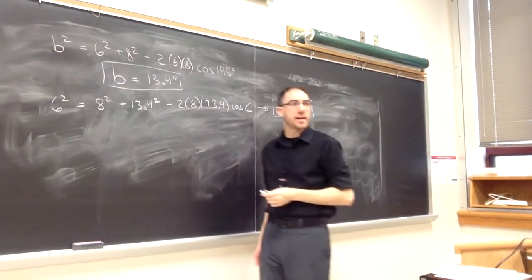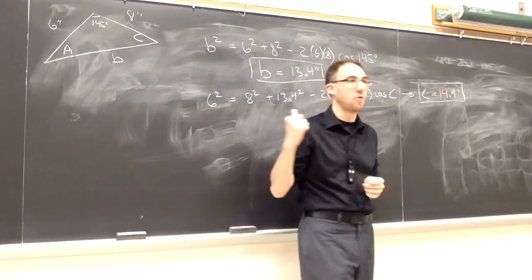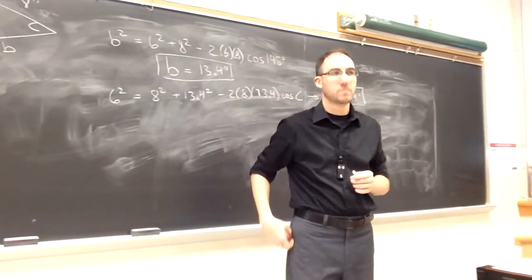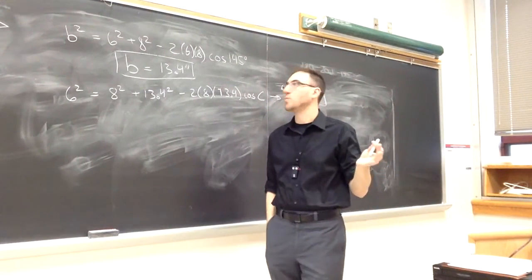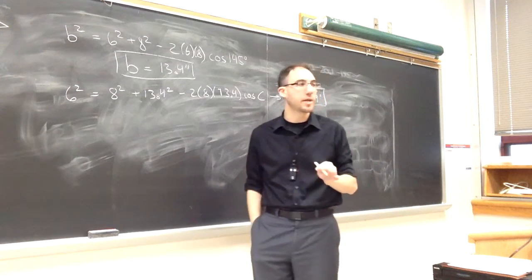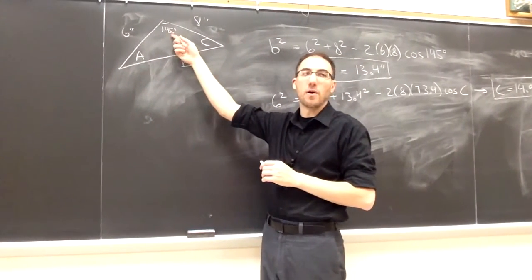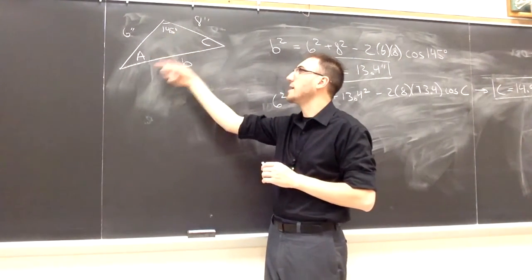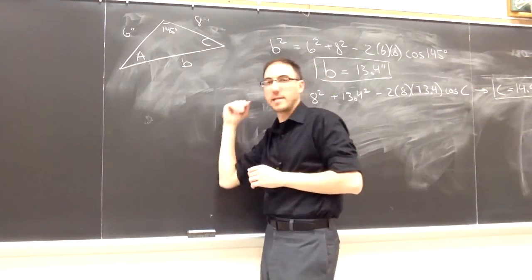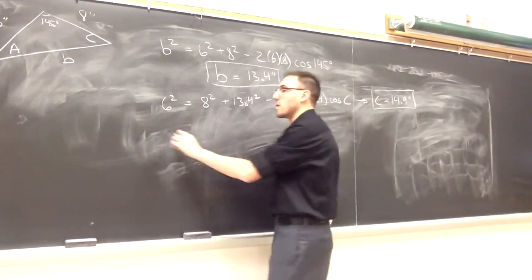How else could we find C, though, if we didn't use law of cosines in this format? Right, we could use law of sines as well. In this case, I would be fine using law of sines, even though we're looking for an angle measure, because we were given the obtuse angle of 145. So A and C must be acute, since it's a triangle. So law of sines I would be okay to use here.